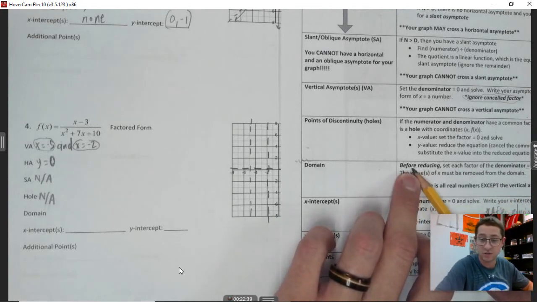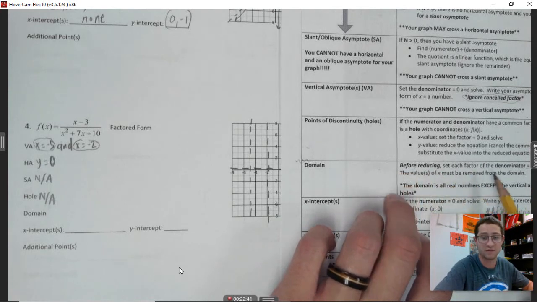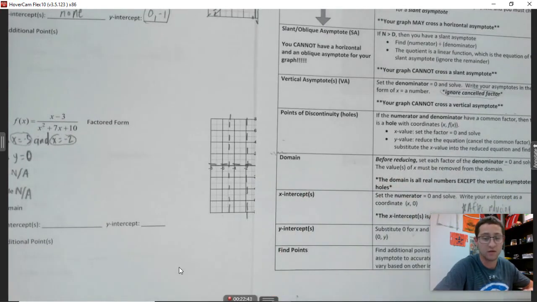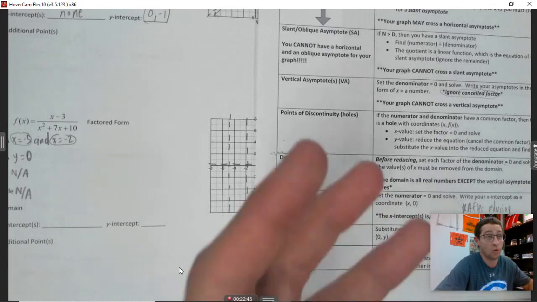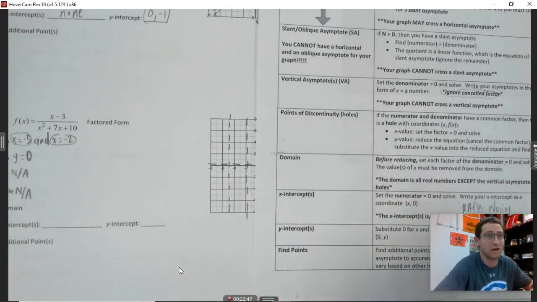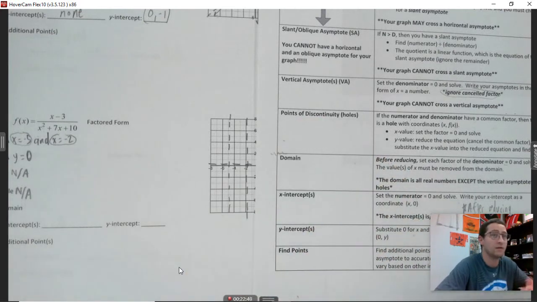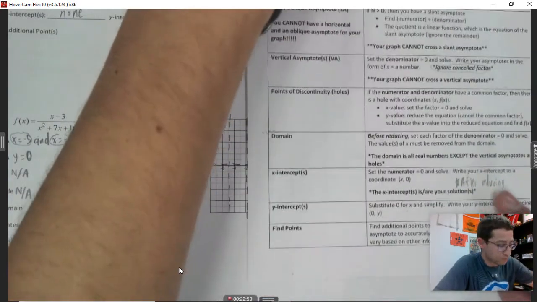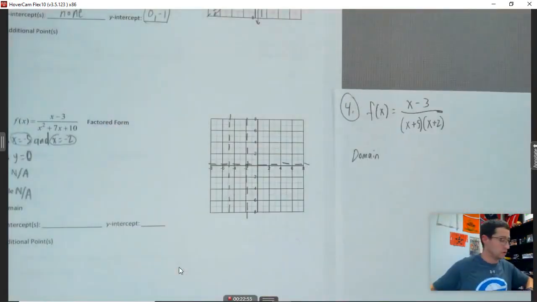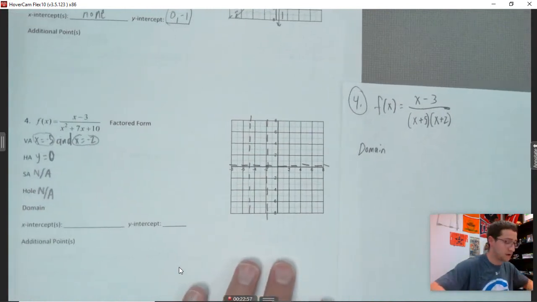Before reducing, you want to set each factor in the denominator and remove it, because the holes are taken out of the domain. There's no x value when there's a hole, and there's no x value where there's a vertical asymptote. So before canceling there.